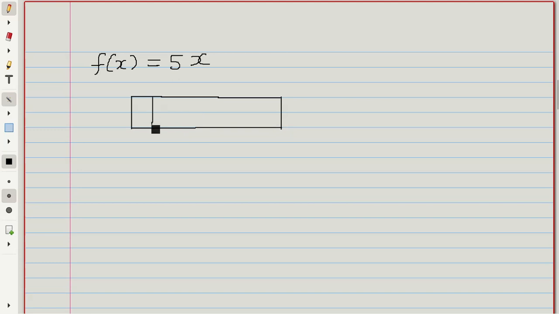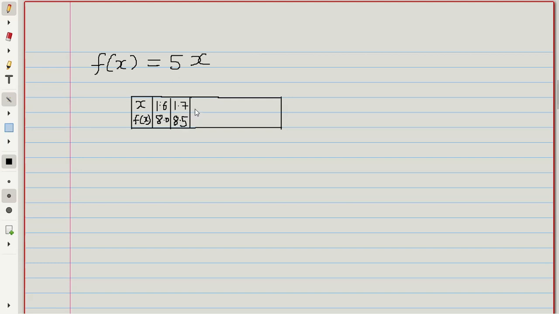So here, x and f(x). Now if I put the value of x as 1.6, f(x) would be 8.0. If I take x as 1.7, the value of f(x) would be 8.5.